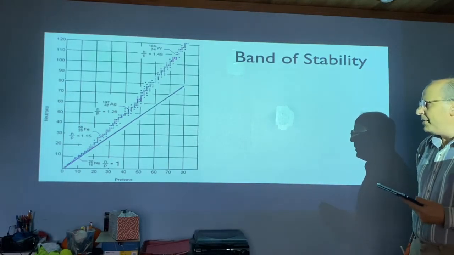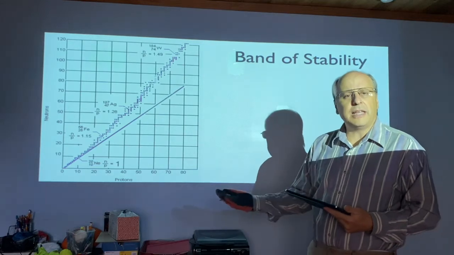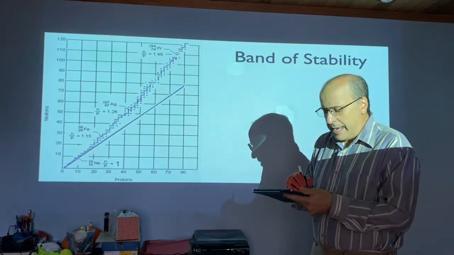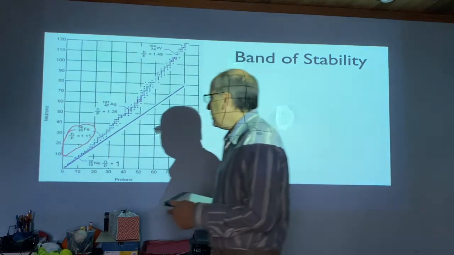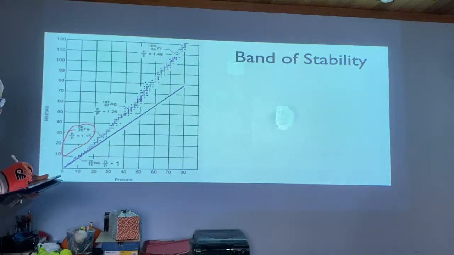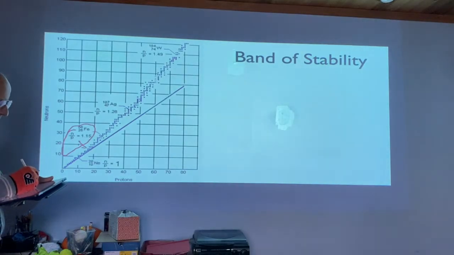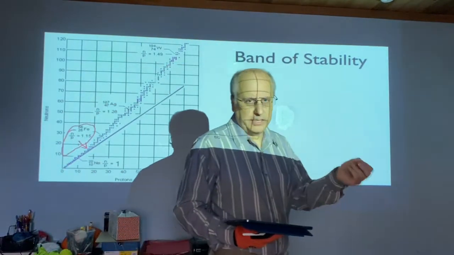So what was happening with these is neutrons were turning into protons inside the nucleus. We now know that that would happen when we had isotopes that had too many neutrons in them. They would give up their neutron, turn it into a proton, and become a more stable isotope.